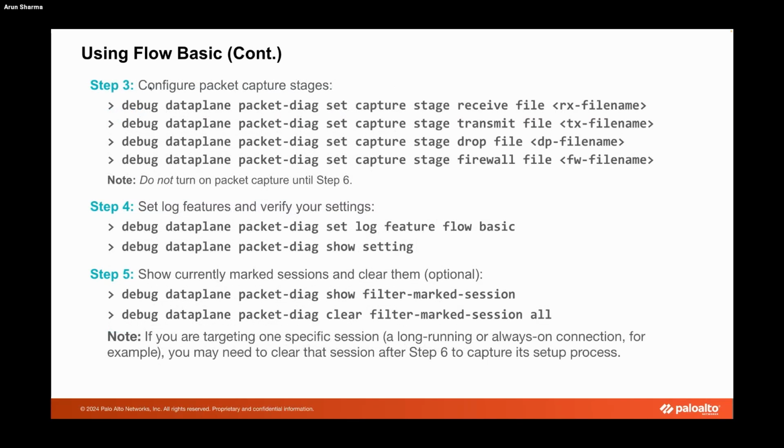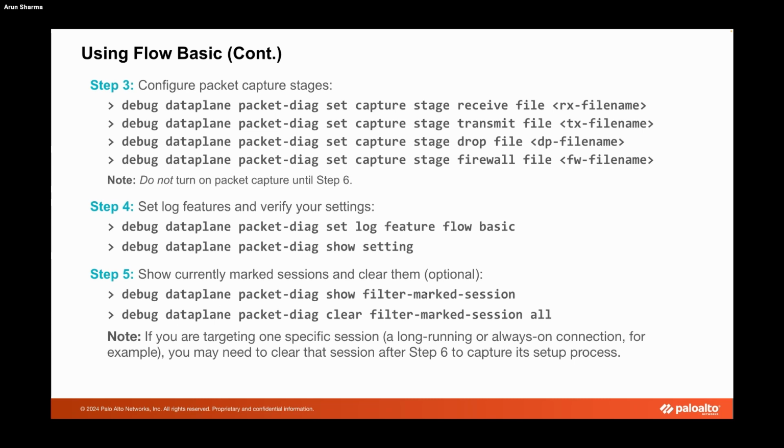Step 3, set the stages: receive, transmit, drop, firewall, and enable the log features. The command at step 4 will enable the flow basic feature. Once we do that, we can see that it's enabled in the CLI, and you can check it again by running show setting.